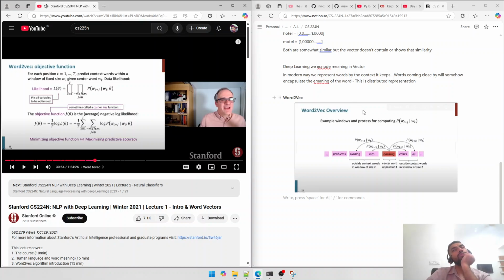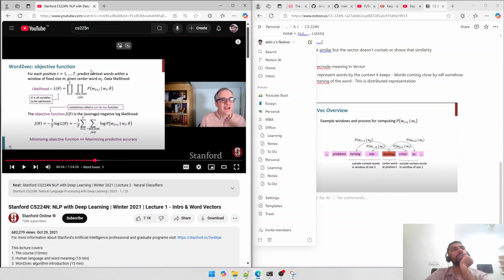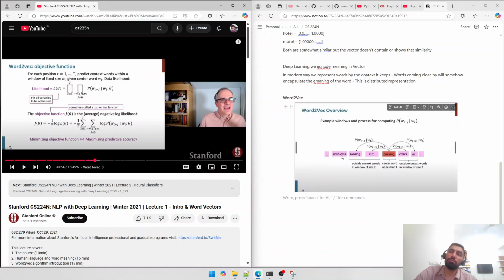So what it is trying to do is, this word is there, right? It will try to predict what is the probability of this word given banking is there, this word given banking is there, this word given banking is there, and the window size will be something like m, I guess, minus m to m. So from here minus m can be, let's say, minus 2, so turning into, and plus m, crises and as, and for each of the words it will do this, and then we are doing minus log likelihood.